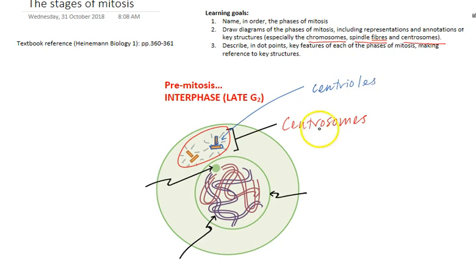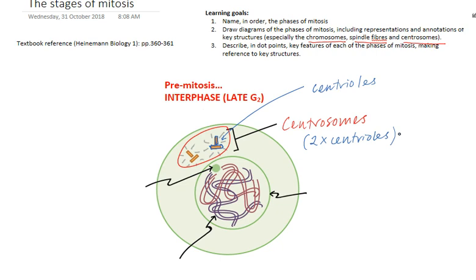People say that centrosomes are made up of two centrioles, and people often interchange the two terms. So centrosomes can be used or centrioles can be used. I prefer to use centrosomes, so that's what I'll be referring to them as going forward.